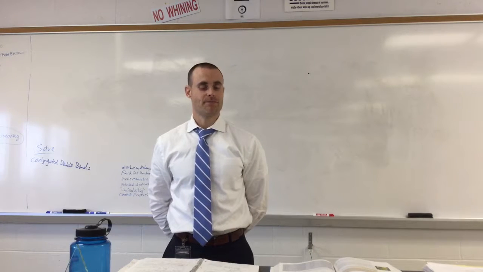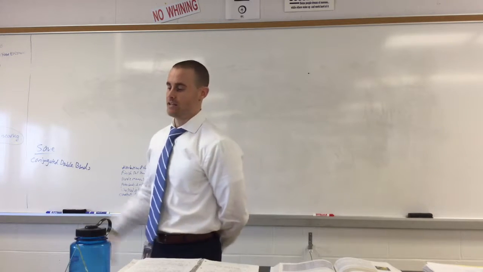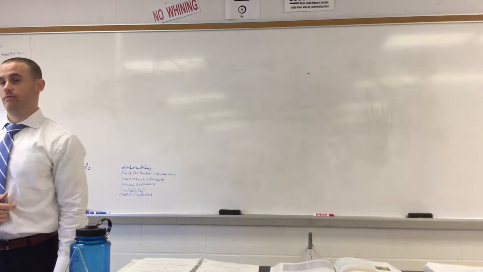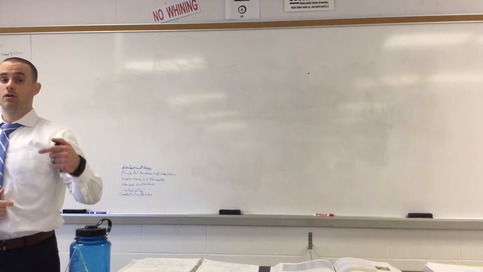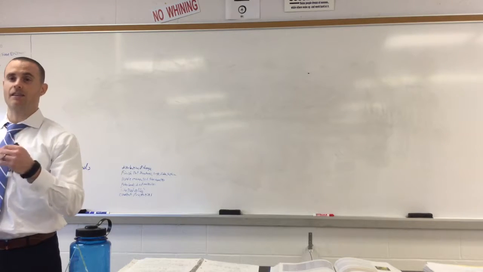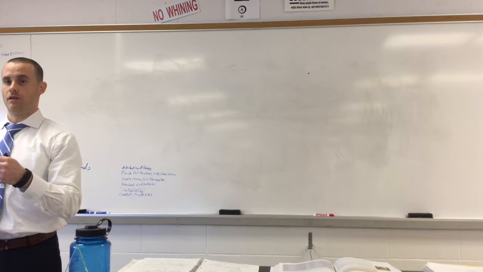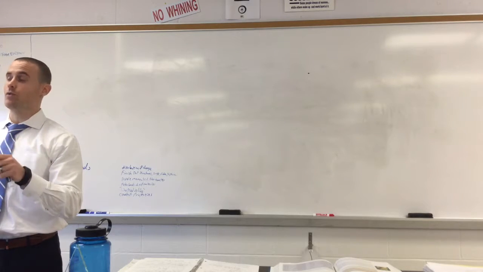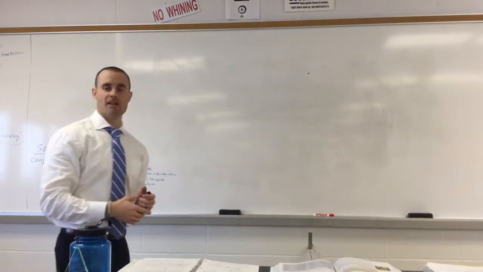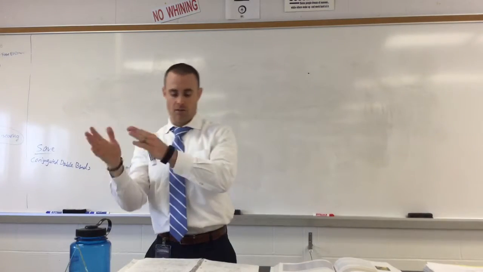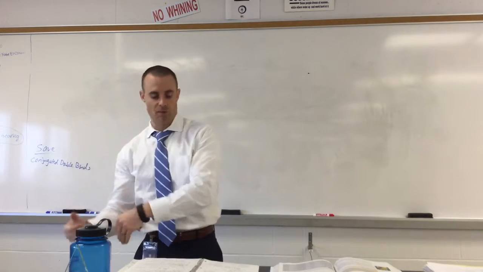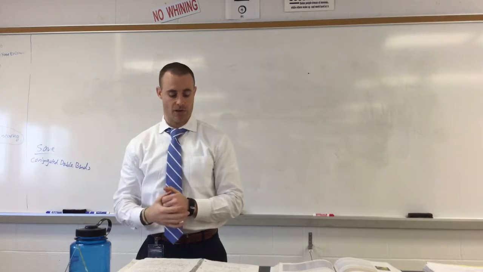Very good, Ben. That's what KSP tells you, that's the max. What if you add more than that number? Then it's going to precipitate. You're not going to dissolve it all. What if you add exactly that much? It should all dissolve and you'll be saturated. You add even one more crystal, it'll precipitate. So that's what KSP tells us, the balance. Less than that, we're dissolving everybody. More than that, precipitating. Right at that number, that's saturated.